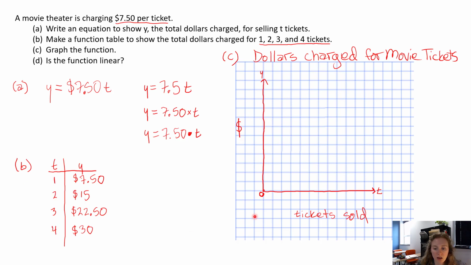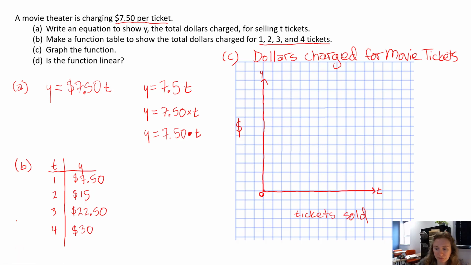So I know along my horizontal axis, I'm going to need to get up to 4. And my y values go all the way up to 30, and they're counting by 7.5s. That's like the jump we're making each time. So maybe it will be convenient for us to count by 7.5 on our y-axis. Let's give that a try.